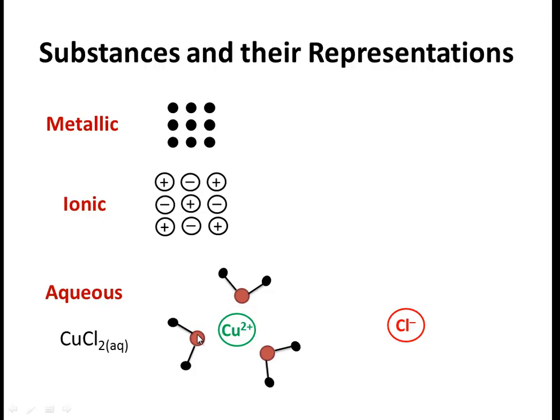They point their negatively charged oxygen atoms at the cation. For the chloride ions, it's just the reverse. The waters congregate around the negative charge and point their positively charged hydrogen atoms. So these are three representations that I'd like us to use, and if you see this in the future, you'll know what I mean.